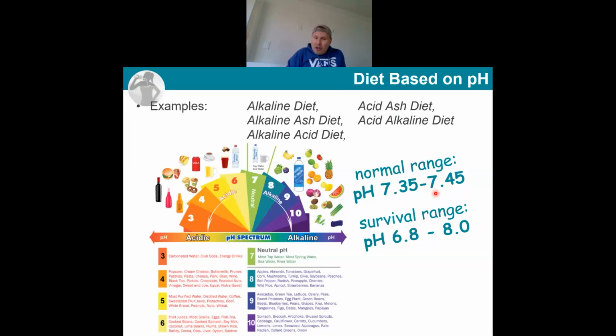Your body is very well adapted to that. How these diets might work is more that the foods that happen to fall into one or another category are better for you, healthier for you, not that they are really going to change your body pH. So that's a bit of a hoo-ha and a misconception that you might see if someone claims that.